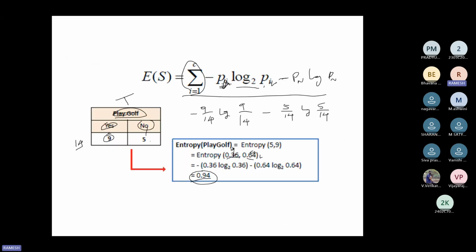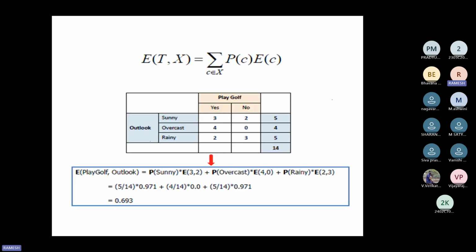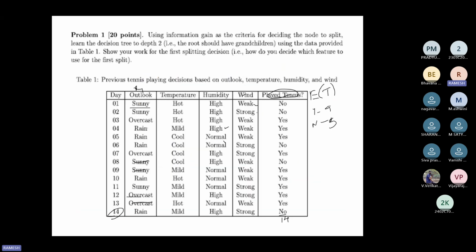Now the entropy of the target variable is done. Now we'll calculate the entropy of the first column, that is x1, outlook. Its values are sunny, overcast and rainy. Three different values are there, so the x1 values repeat over these three.